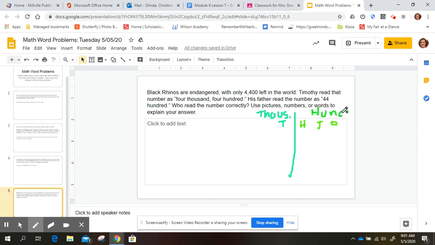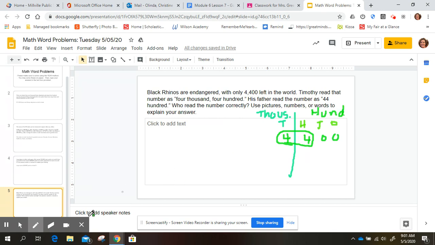All right. And so when I write the number here, Timothy read the number as 4,400. That's correct. His father read the number as 4,400, and that's also correct.